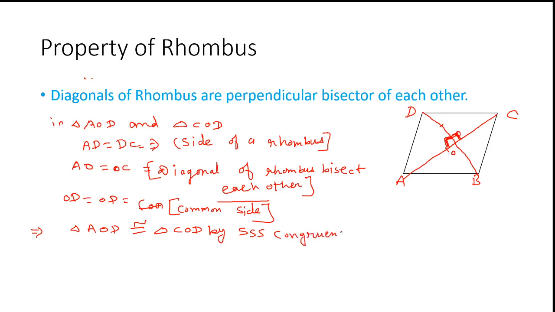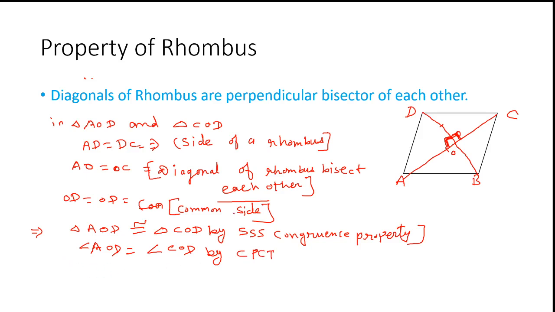Congruence property means we can say that angle AOD is equal to angle COD by CPCT, corresponding parts of congruent triangles.